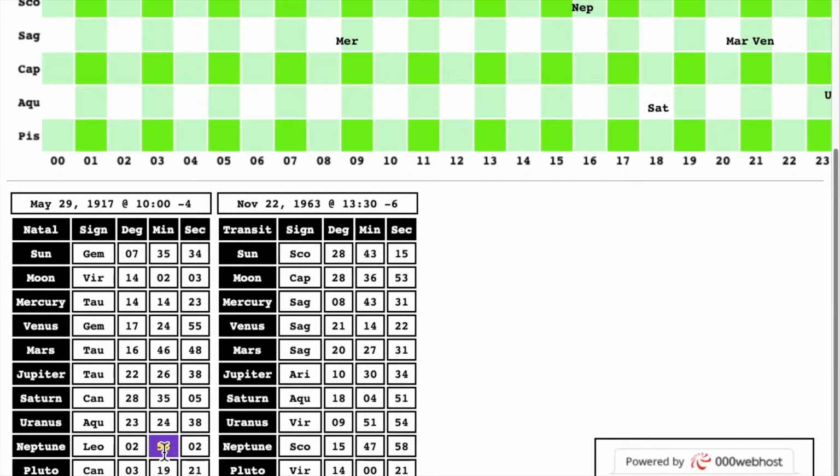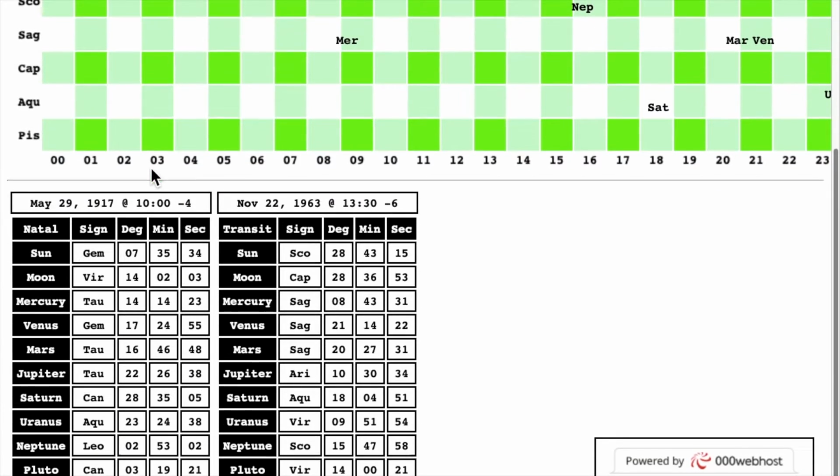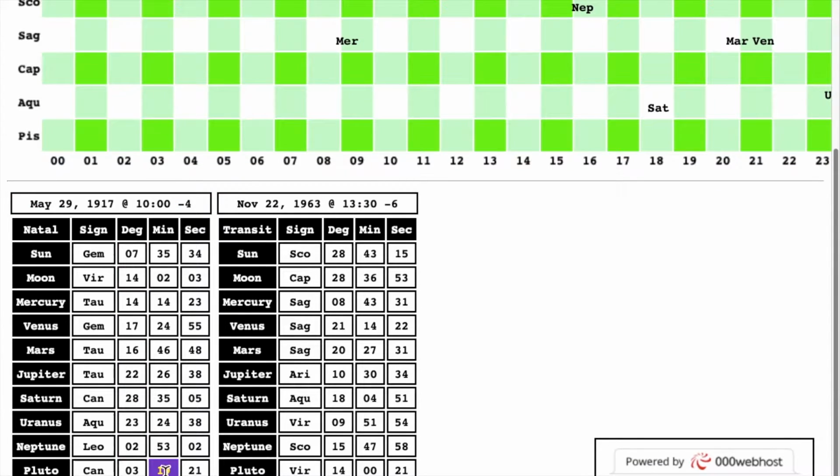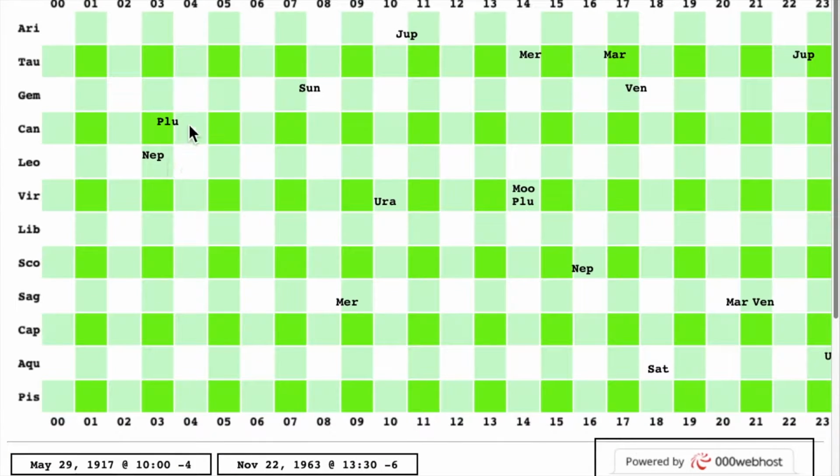Neptune is 2 degrees 53 minutes, and Cancer is just above Leo, and so Pluto is expressing a similar angle, and we can see that they're adequately represented on the graph.